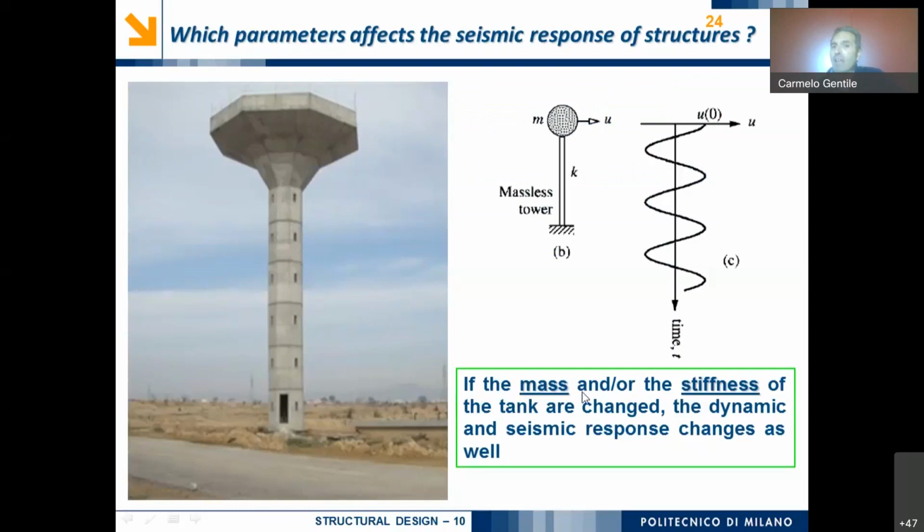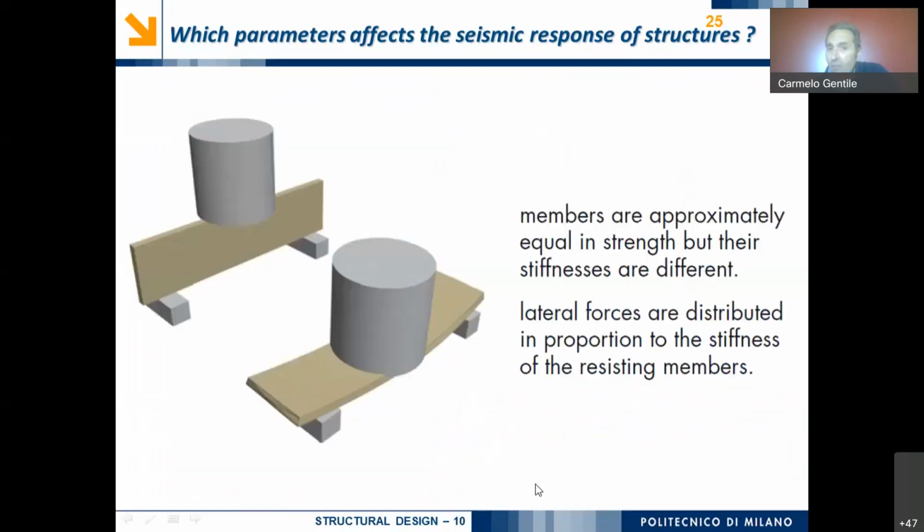So we expect that if the mass or the stiffness of the tank are changing, the dynamic and seismic response changes as well. Why? Because the resonant frequency or the fundamental period of the building are changing.